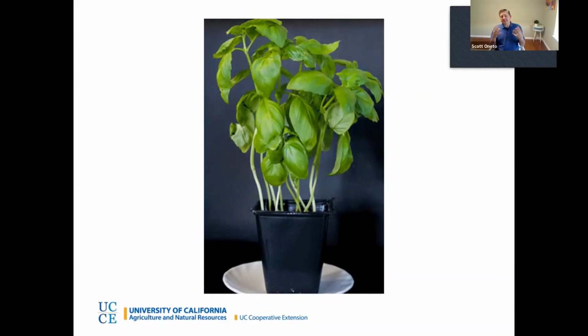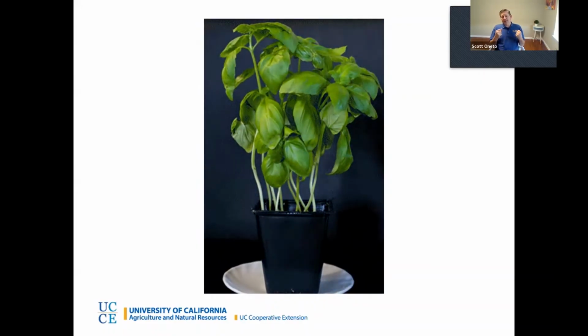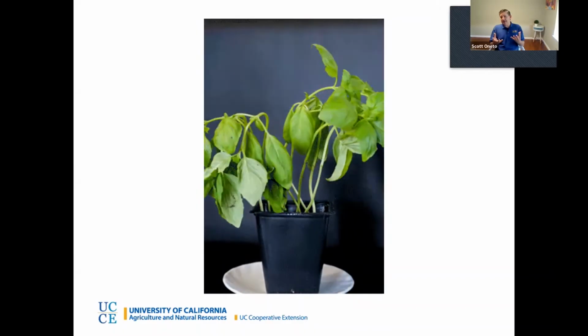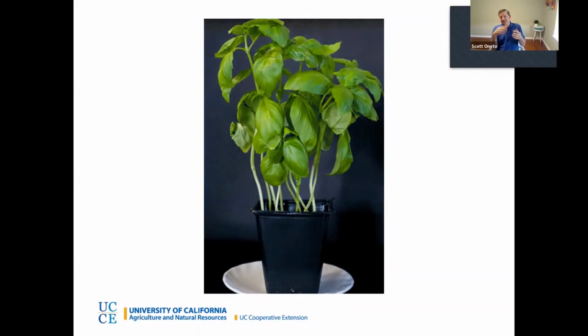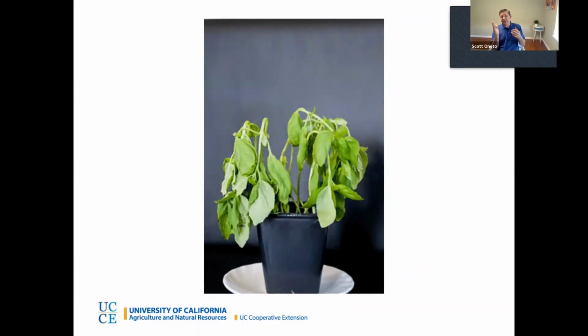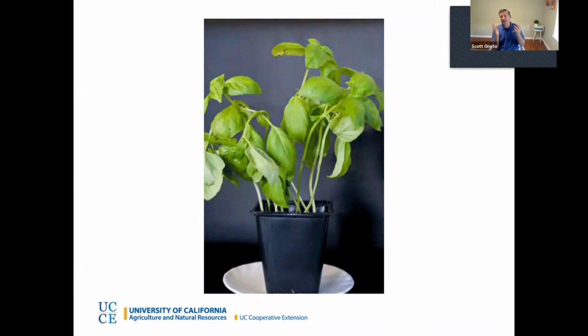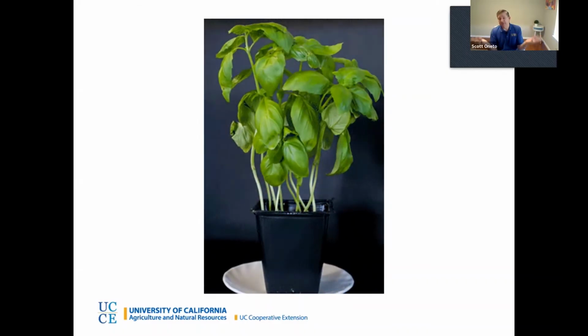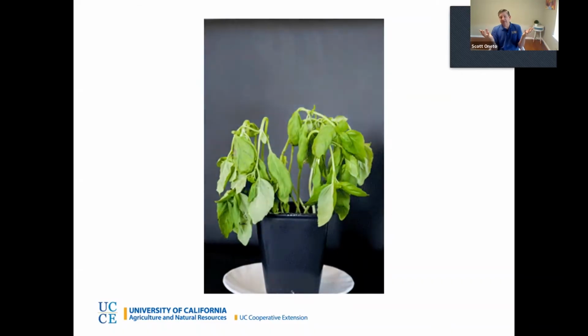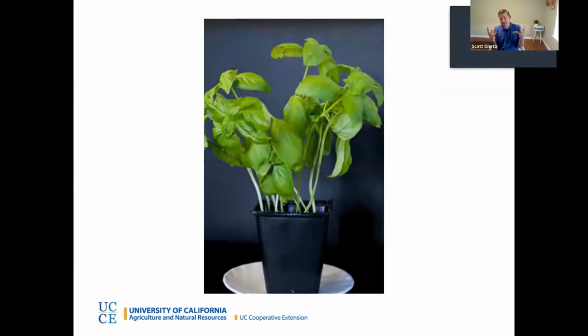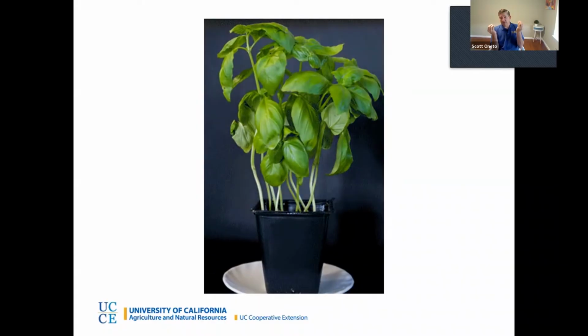As a plant loses water, it becomes more drought stressed and it loses that pressure. That's why plants have a tendency to wilt, because they just don't have the water in the cells to keep them rigid.